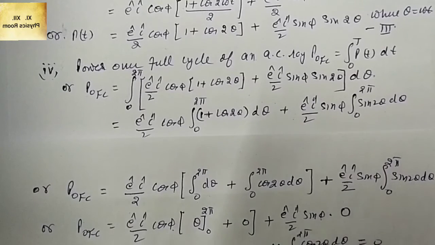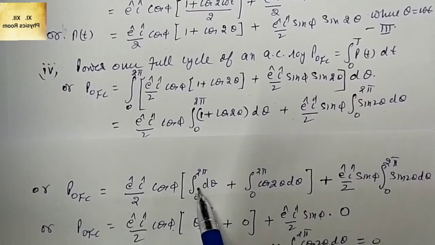Or power over full cycle of an AC is equal to E max I max by 2 into cos phi. So integration d theta is theta, 0 to 2 pi.